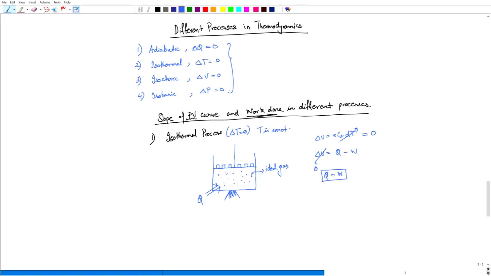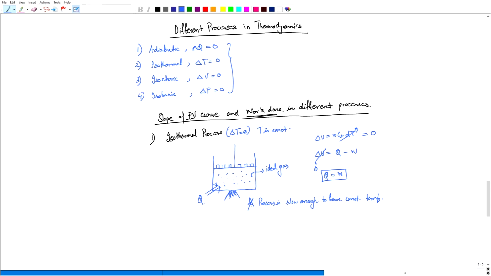So whatever heat is given to the system is going to change the volume of the system, and the process is so slow that temperature will remain constant. So the process is slow enough to have constant temperature.